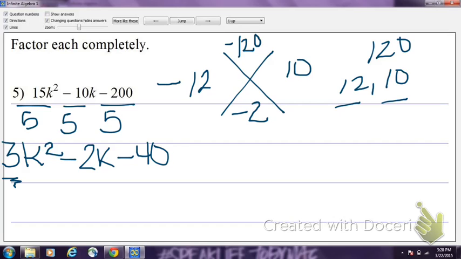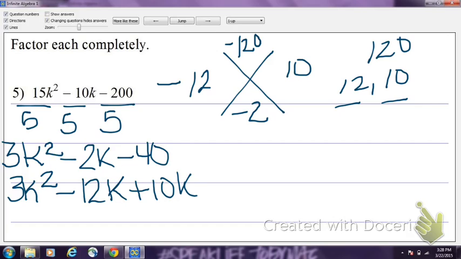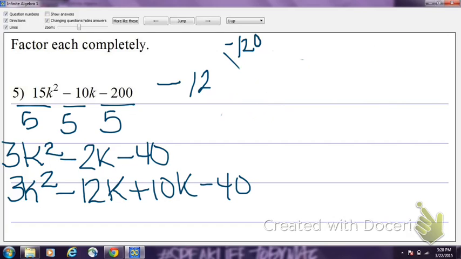So now what I do is I go ahead and rewrite my expression. Instead of writing negative 2k in the middle, I'm going to write negative 12k and positive 10k to replace that, and I'm going to keep the end term. Since we have our factors, I'm going to use this space over here. We're going to split this down the middle, and we're going to factor out our greatest common factor.